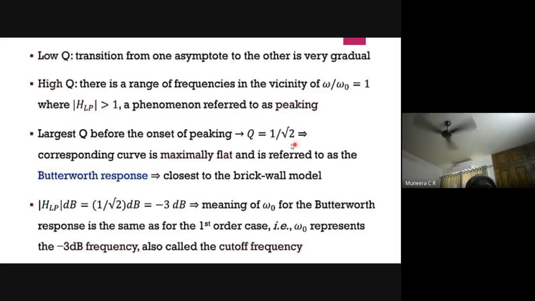The largest Q before onset of peaking is Q equal to 1 by root 2, which is called the Butterworth response. The cutoff frequency is taken at the minus 3 dB point. So 1 by root 2, same as the Butterworth corner frequency.